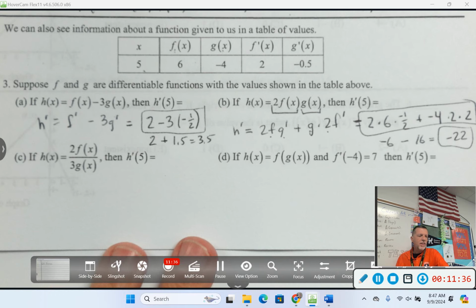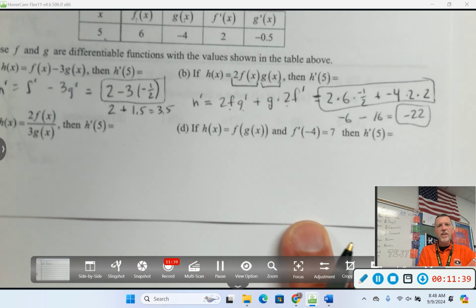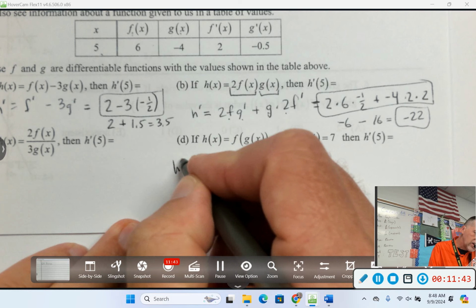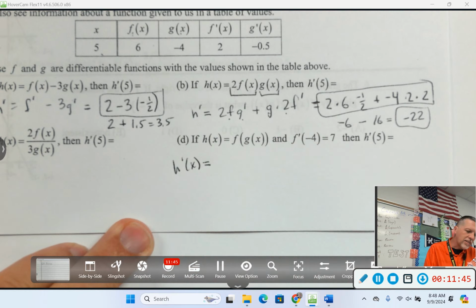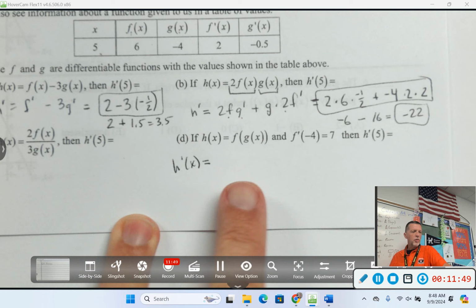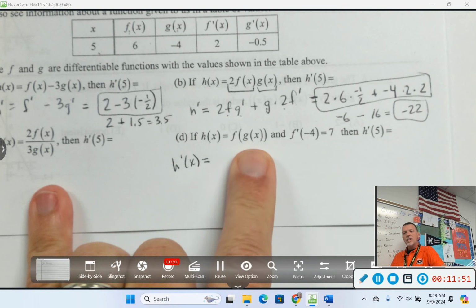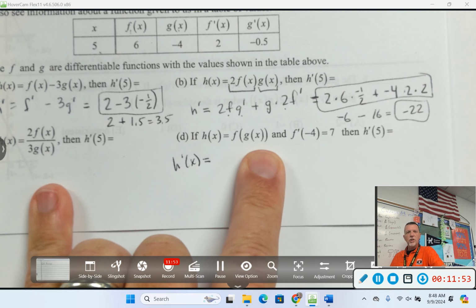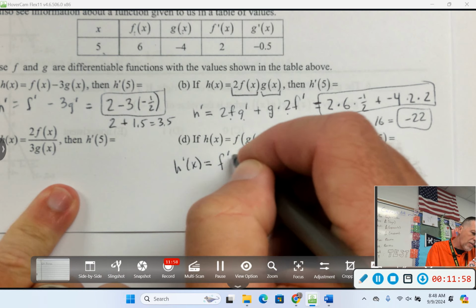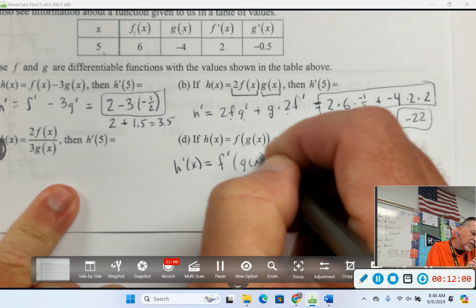But D, what rule are we going to use for D? Chain rule. So H prime of X, this question was sort of on the last test. There's a multiple choice question toward the end. So start your blow pop on the outside. F prime, but leave the inside alone.